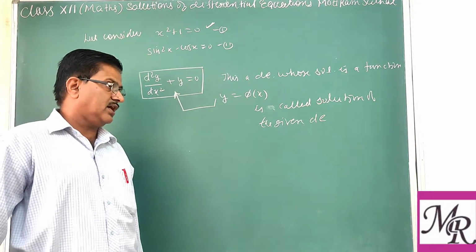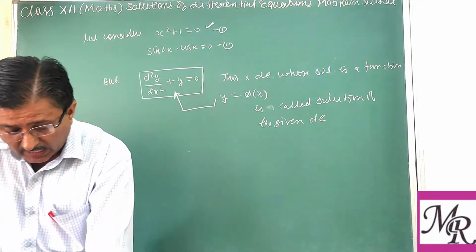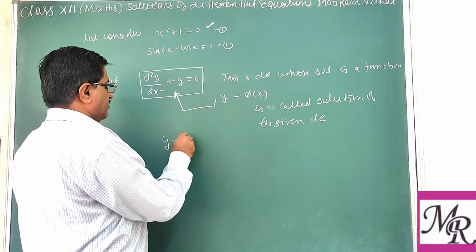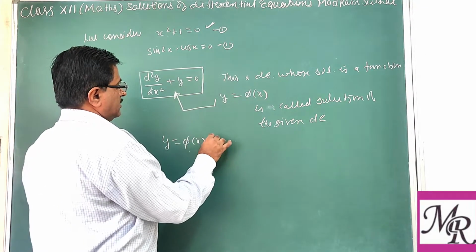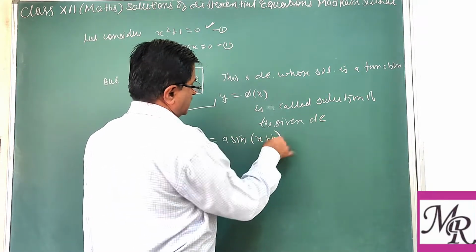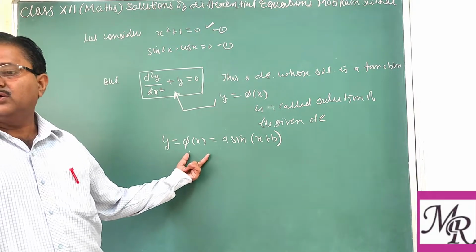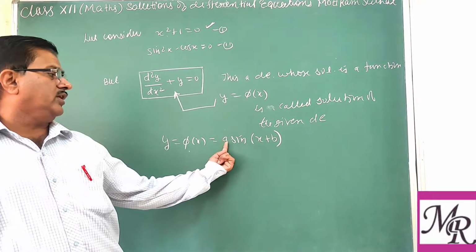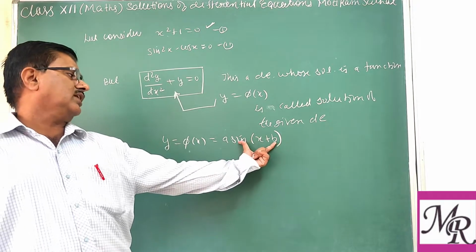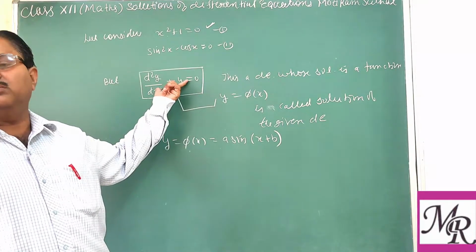Now we may consider a particular function, y equal to phi x equal to a sin of x plus b. We consider the function as y equal to a sin of x plus b. This is a curve or a function which satisfies the given equation.